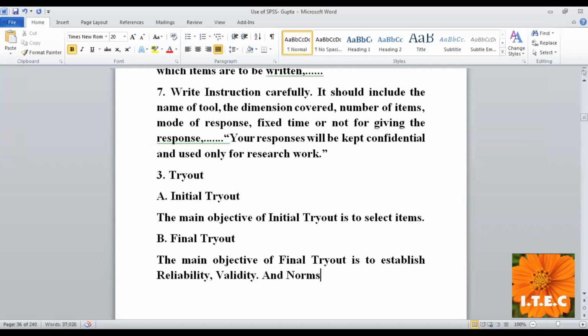So these are the differences between the initial tryout and final tryout.